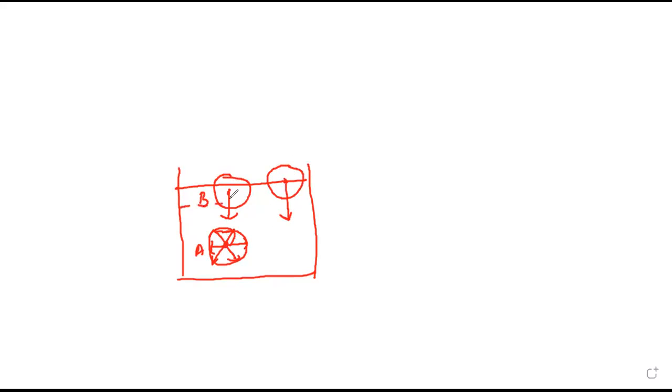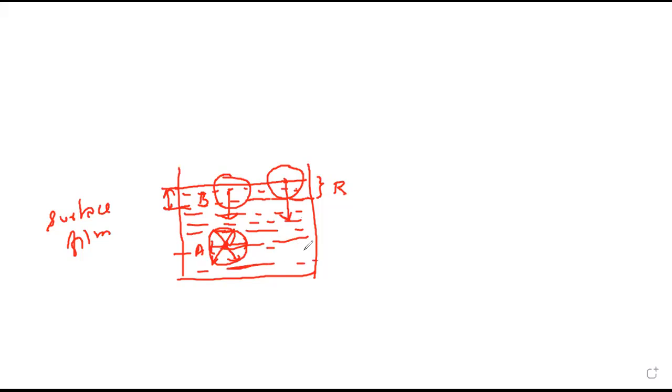Thus, every molecule which lies up to the distance of molecular range, that is in surface film, will be acted upon by resultant downward force. Thus, the surface of liquid behaves like stretched elastic membrane. Clear meaning? Why it is behaving like?